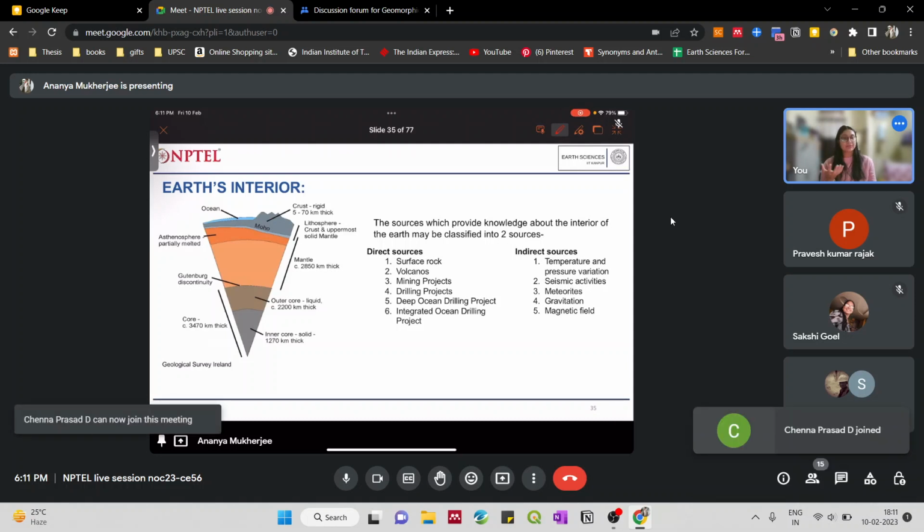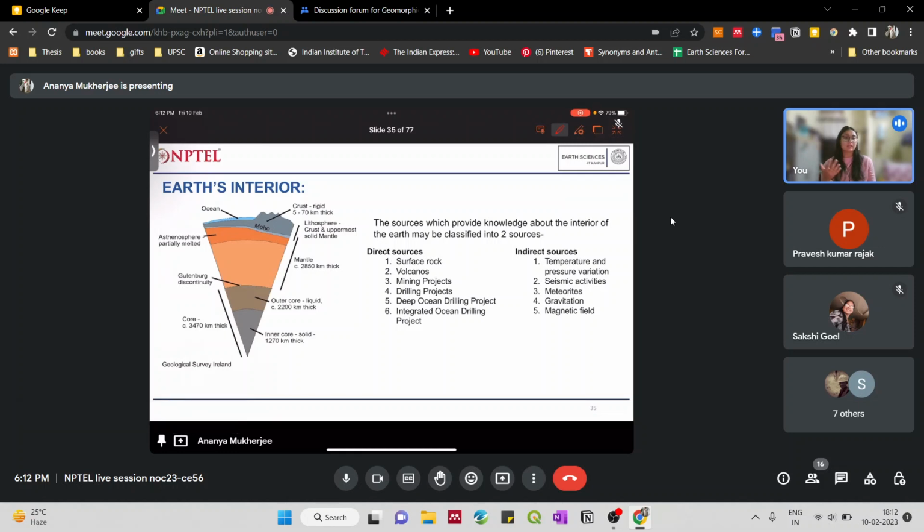You could get those evidences from, say, surface rock or volcanoes, obviously mining and drilling areas. And there is a very well known project, the Deep Ocean Drilling Project, and the Integrated Ocean Drilling Project. These are the sources where we can get physical samples, physical information about the structure of the Earth's interior.